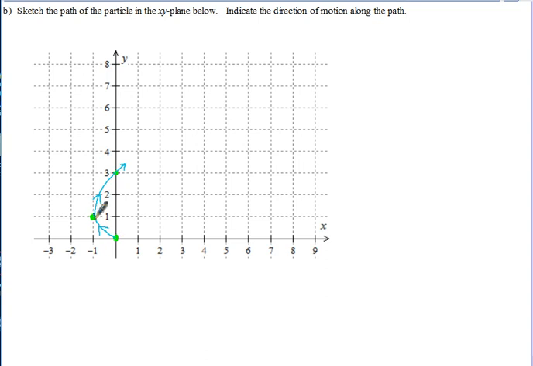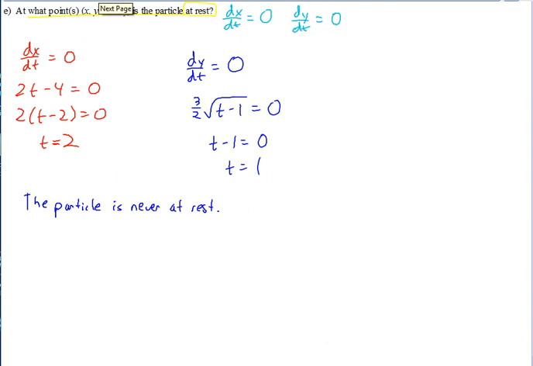So at time 1, dy dt was 0 because it's switching to be a positive going up, and then at time 2 right here, that's where dx dt was 0 because it's switching from going left to going right. And that concludes the notes for AP Calculus on the topic of parametric equations.